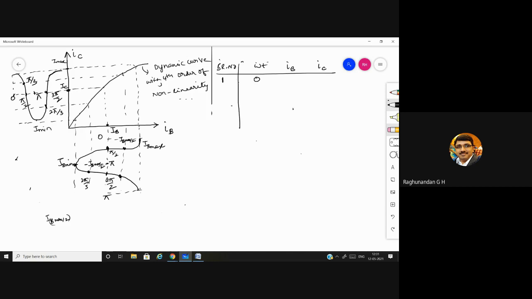For 0, IB will be IB max and IC will be I max, or you can write it as IC max also. Similarly, for the second pi by 3, we are having IB max by 2. This is with pi by 3, and even this point also will mark.